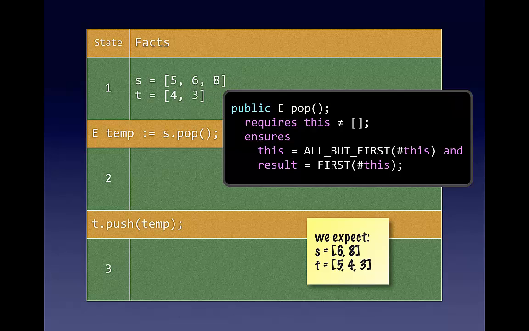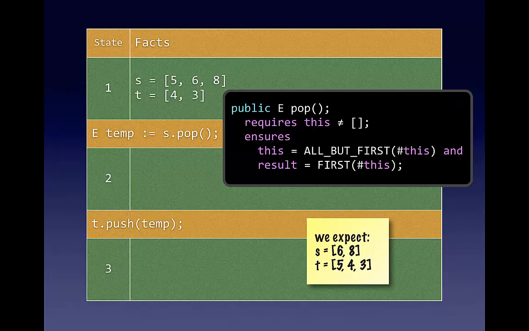Because S corresponds to the current object, and S is originally the sequence 5, 6, 8, this means that after the call, S will be the sequence 6, 8. Remember, the first element of the sequence represents the top of the stack. So this means that S has lost its top element, which makes sense for a pop operation.